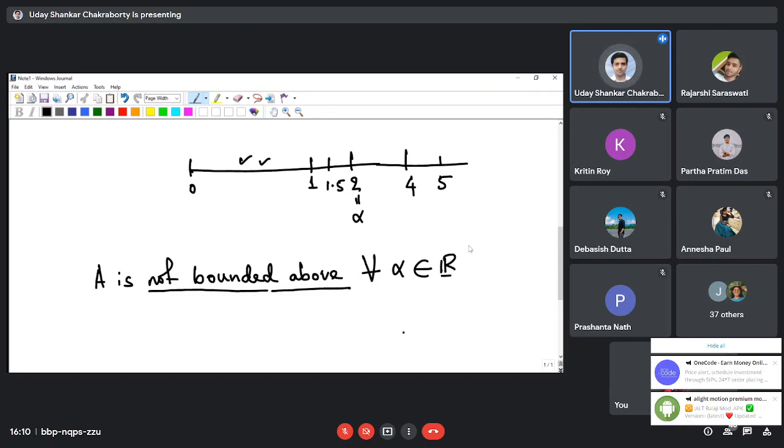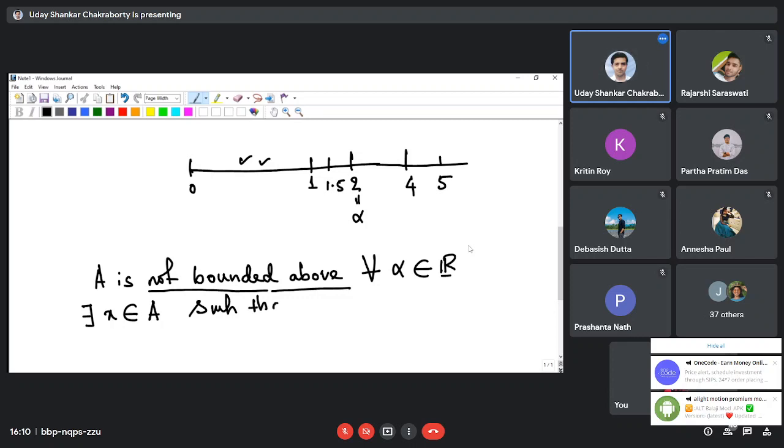Now, can anybody help me after that? There exists an element. Who is saying? Rajarshi. Yes, very good. So Rajarshi said there exists x belongs to A which is greater than alpha. Very good.